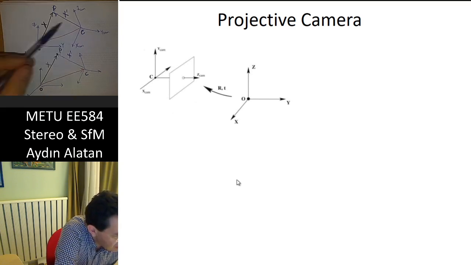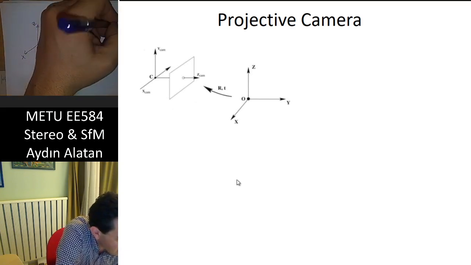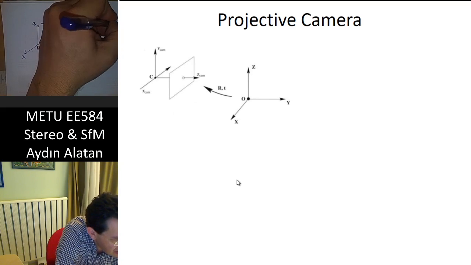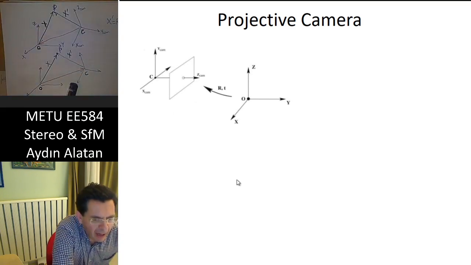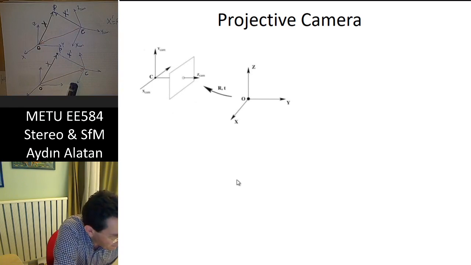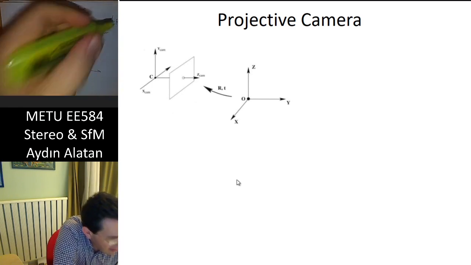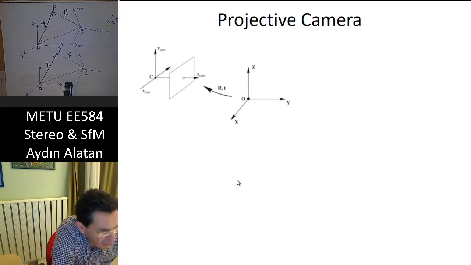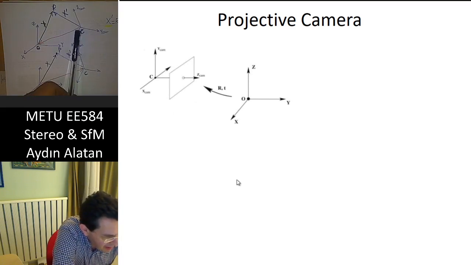Now, as you remember, the fundamental formula relating these is like this. Okay, now please note one fact. This x prime is with respect to the camera coordinate system. Let's forget about this middle portion right now.